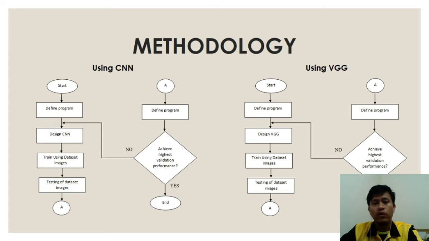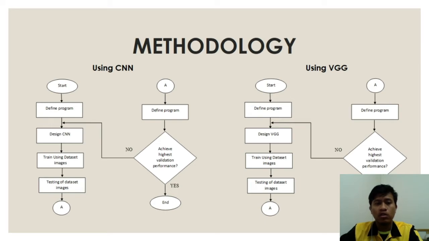In this method, we use Google Colab as our platform for the image processing. The methods that we use in this program are CNN and also VGG. CNN, or Convolutional Neural Network, is a class of deep neural network most commonly applied to analyze visual images.